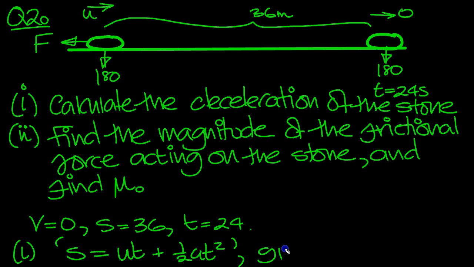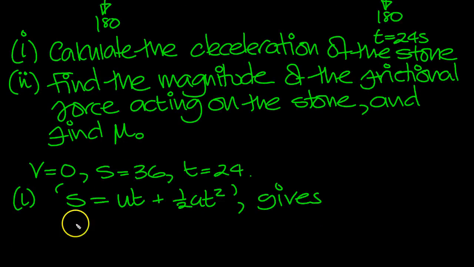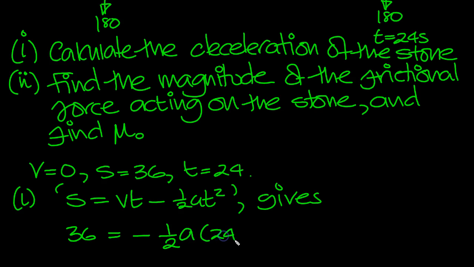So 36. The initial velocity we don't know, so that's u. Oh, we'll use v. We've got to use v. S is equal to vt minus half at squared then. 36 is equal to minus a half times the acceleration times the time squared.